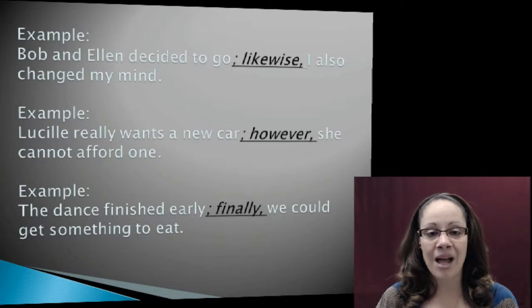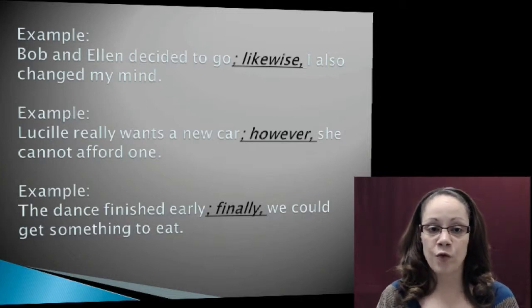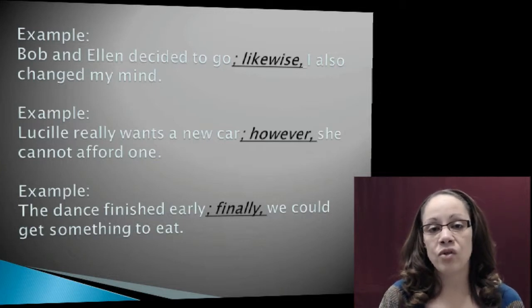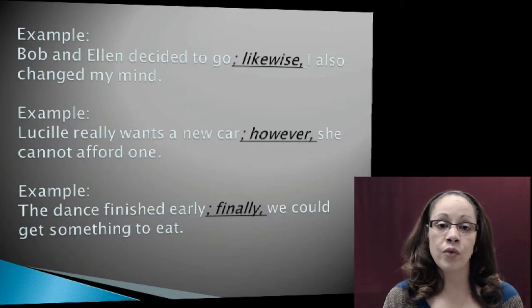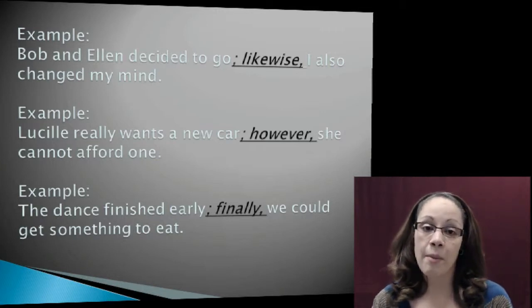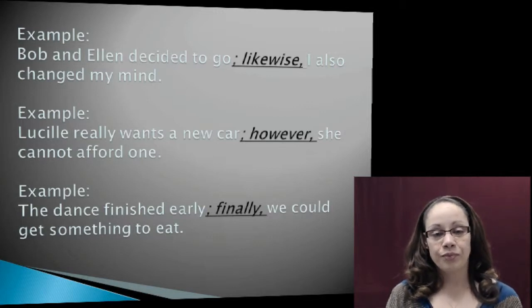Changed is my verb. I is my subject. So I have two independent clauses that are joined with one of our transitional phrases. In this case, it's likewise, and that was on your list in the previous slide. Now, because I have two independent clauses, I have to have a semicolon before the word likewise and a comma after it.